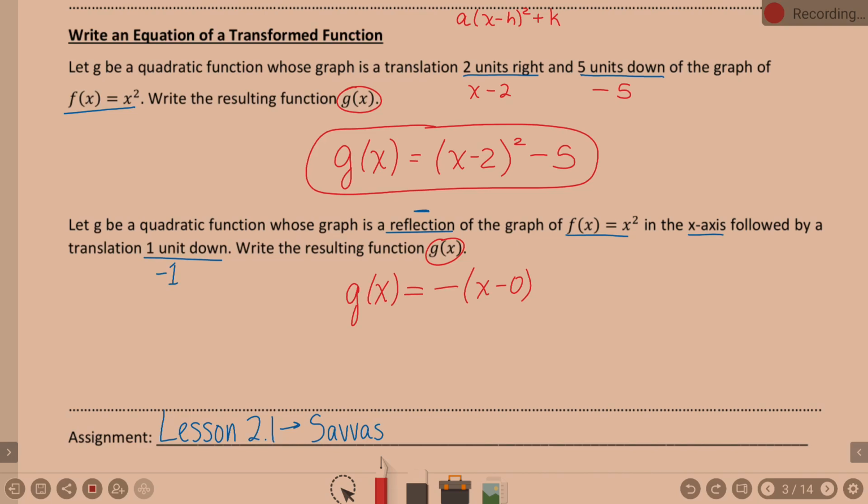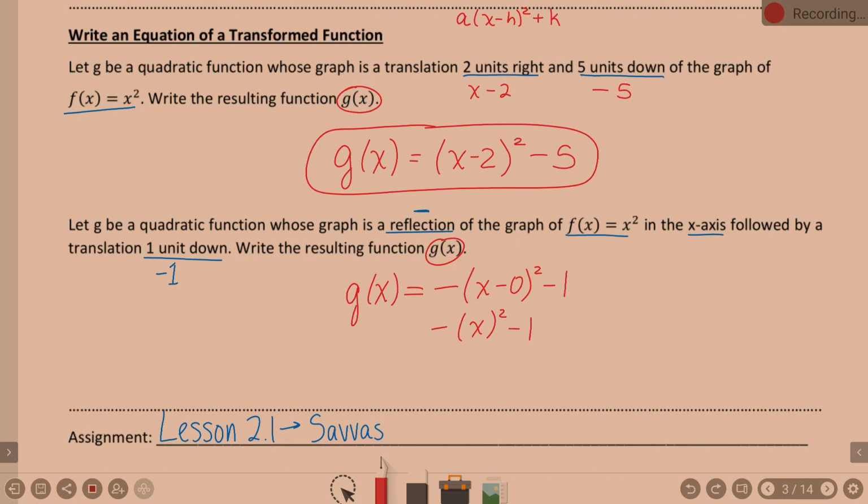So do we really even have to have that? No. Could we just have x? Yeah, we could. Okay. Now, what else do we still have to consider? Yeah, minus 1. Okay. Don't forget the squared. And then down 1 is going to be a minus 1 outside.